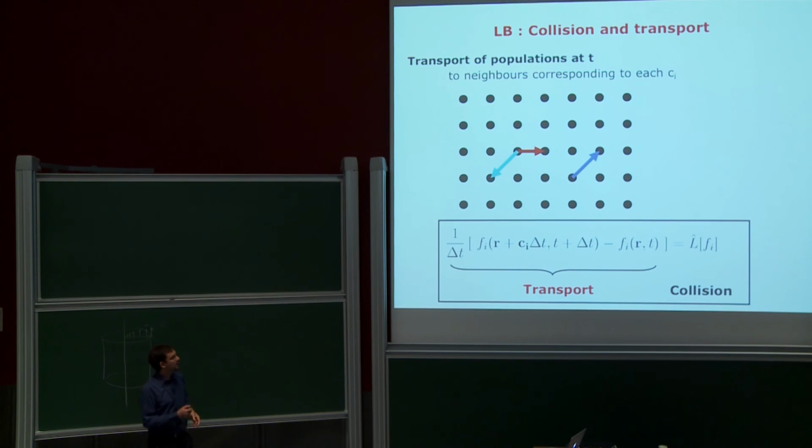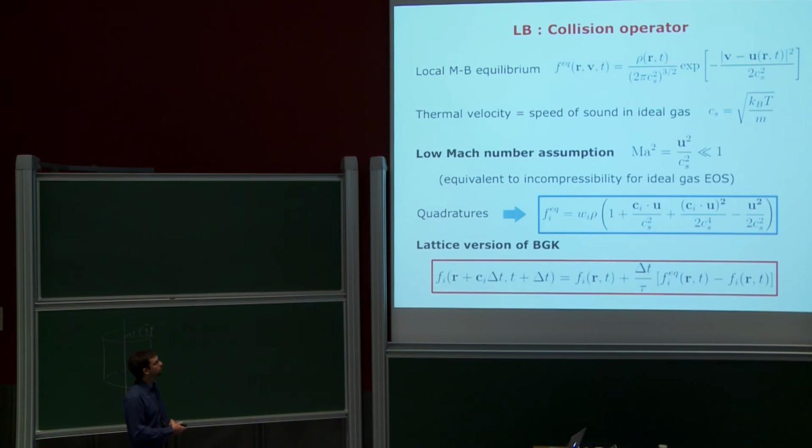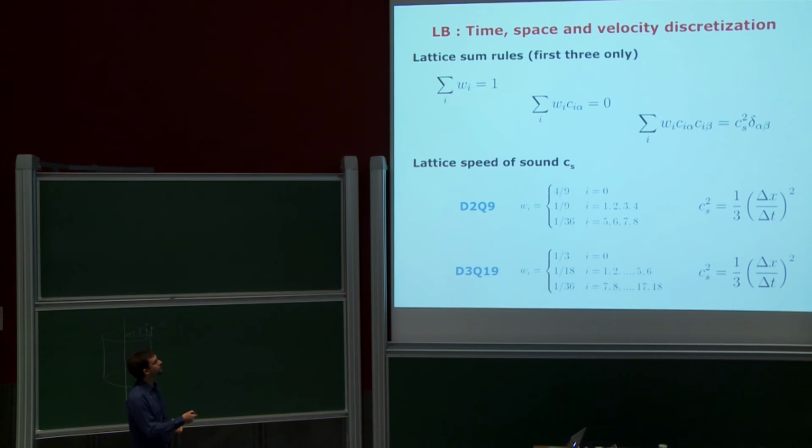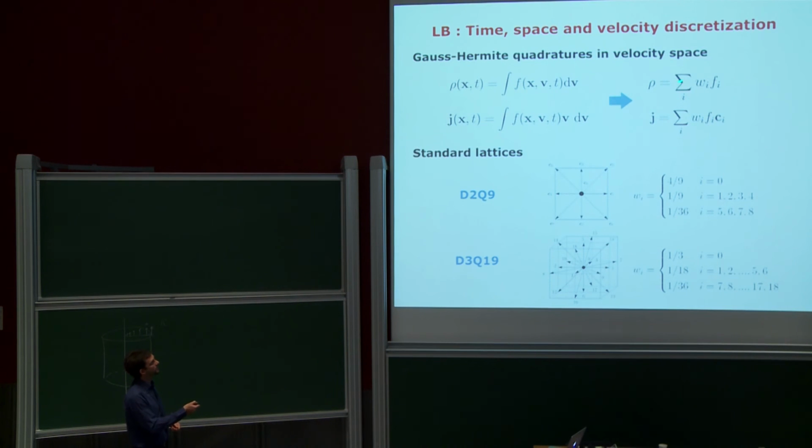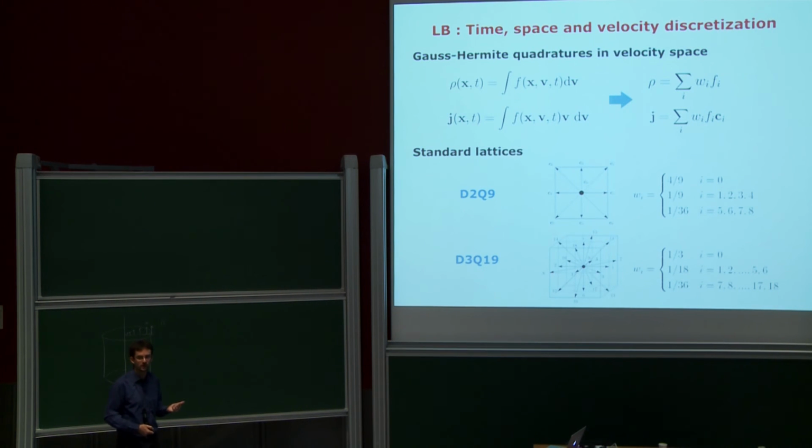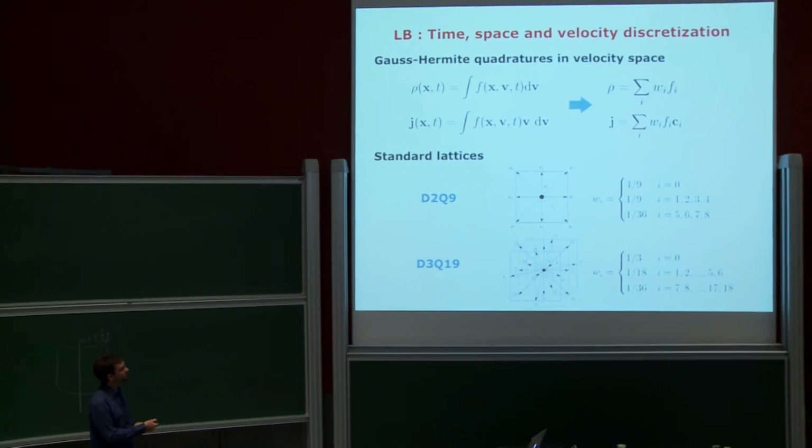Another thing about the lattices, if you want to compute exactly the density and the momentum and the stress, it's okay to use these lattices. If you want to compute exactly the thermal flux, using 19 velocities will not be enough.